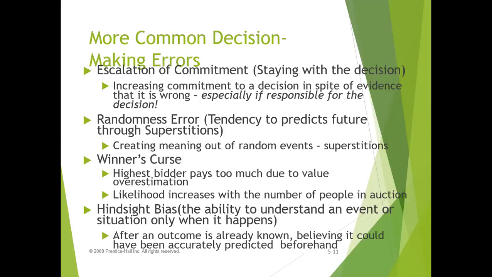Randomness error is related to risk aversion as well as hindsight. Risk aversion has important business implications. For example, to offset the inherent risk implied in commission-based wages, a company may pay commissioned employees considerably more than those on straight salaries.